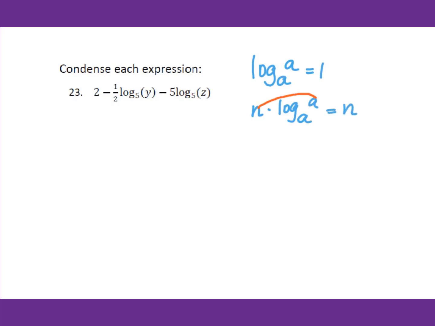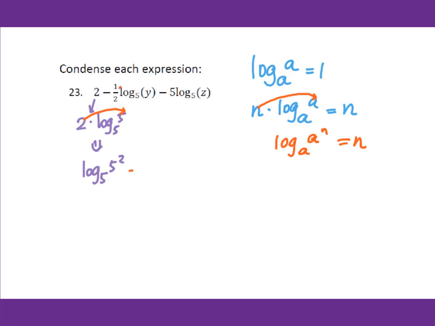This n I can jump as log base a of a to the nth power equals n. Therefore, for these, I can do 2 times log base 5 of 5. So we got log base 5 of 5 squared. Make the 2 jump like this.